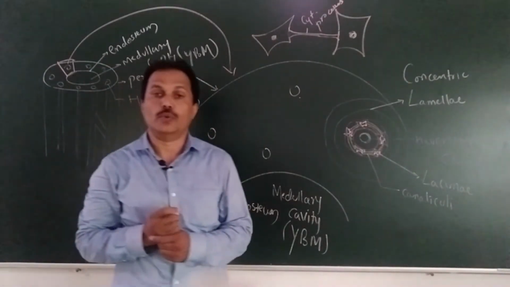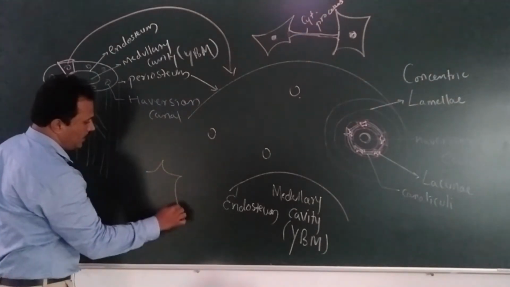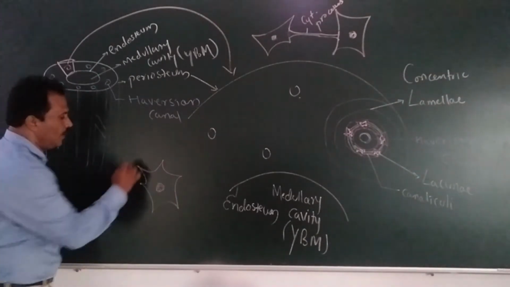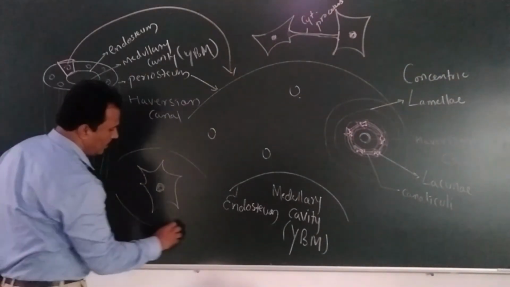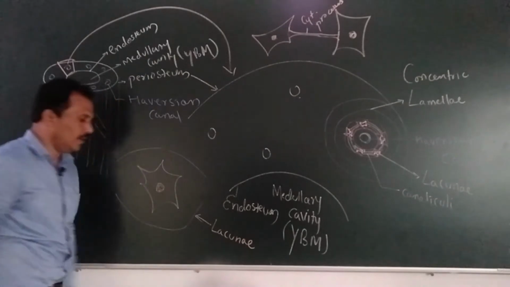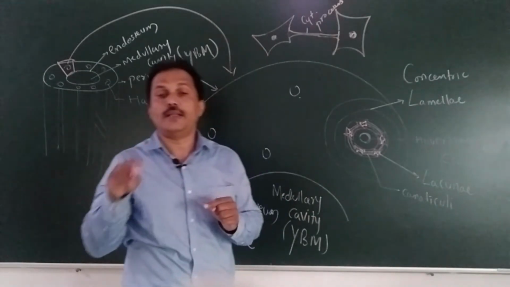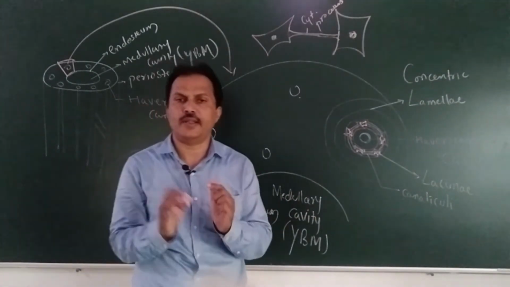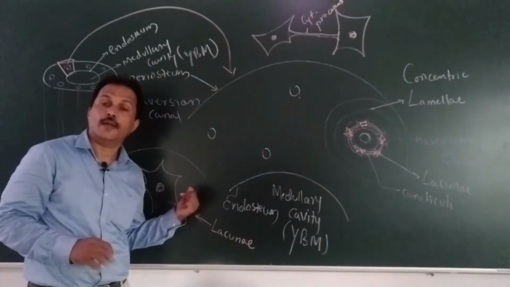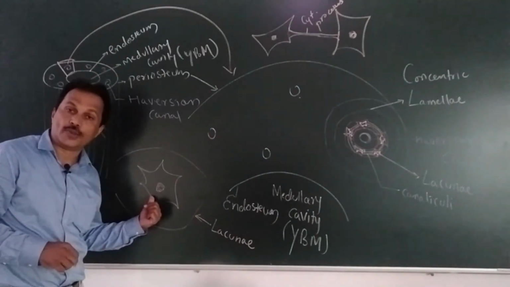If you just have a look, I will show you here. These are osteocytes present in the lacunae. What is this lacunae? This is an irregular space surrounding the Haversian canal in the bony matrix, and that space is filled with fluid in which you will find the bone cell, the osteocyte.